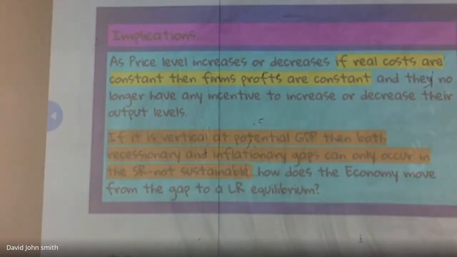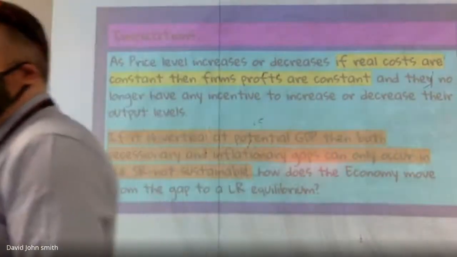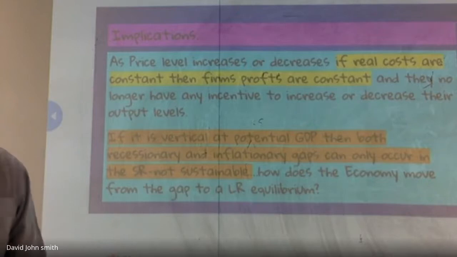Now, as I said, at that time we were classical thinkers. What you put on the accelerator, what you put on the brake. Seemed to be the best thing to do. But also, if you leave the economy alone, in the long run, it'll magically make its way back to full employment.